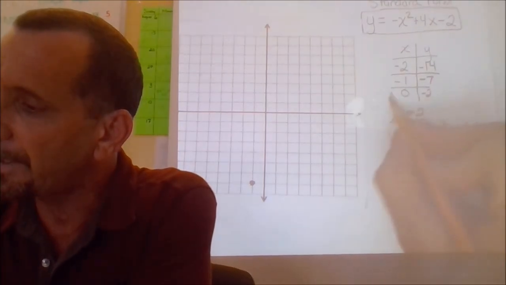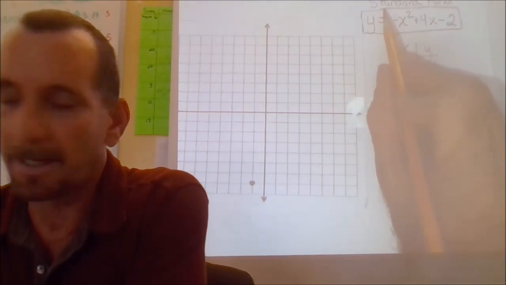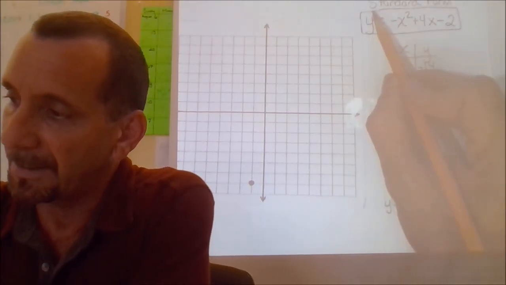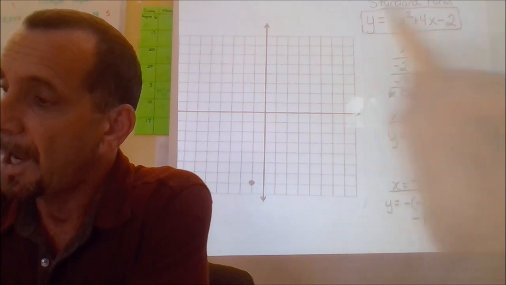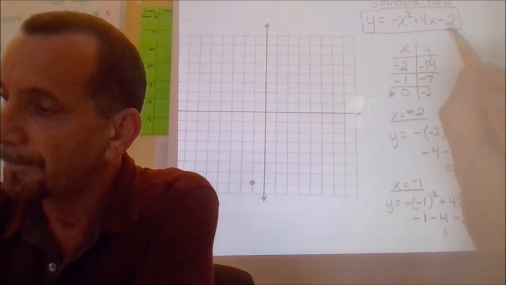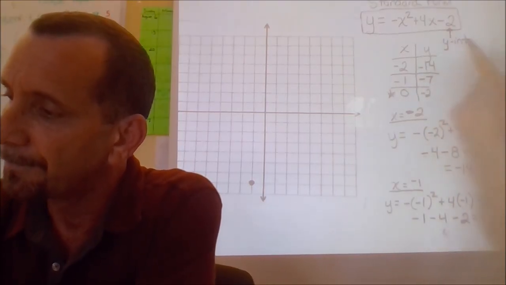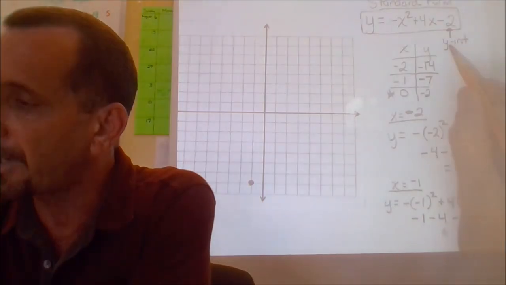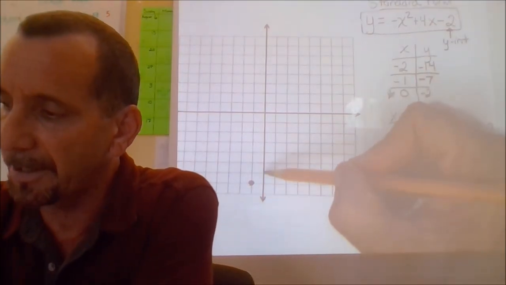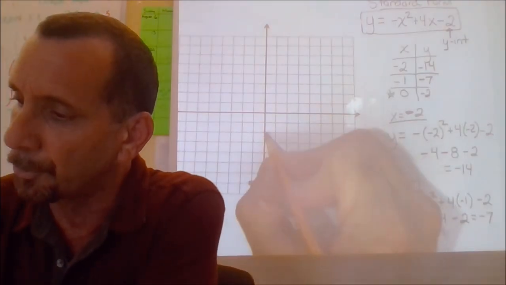And that's a very important value. When a parabola or a quadratic function is in standard form, we can look at this constant and say that that is the y-intercept. That's a key point for us. We know that the parabola is going to cross the y-axis at negative 2.